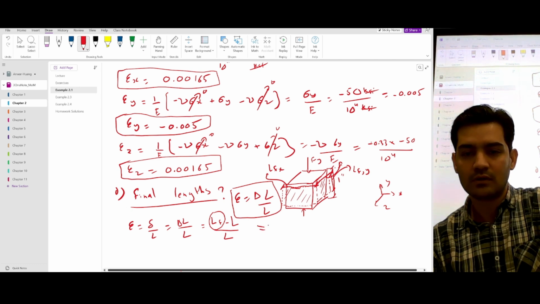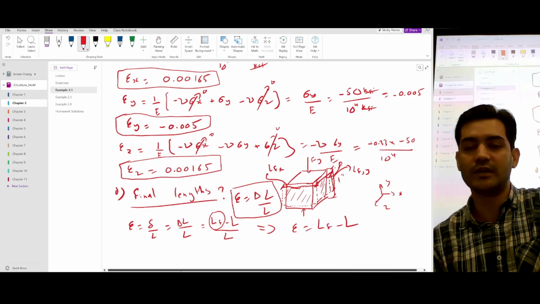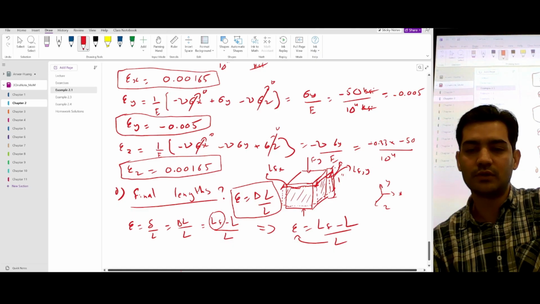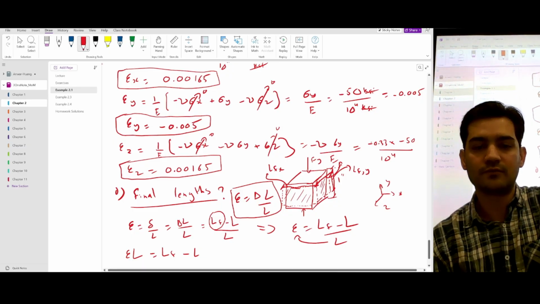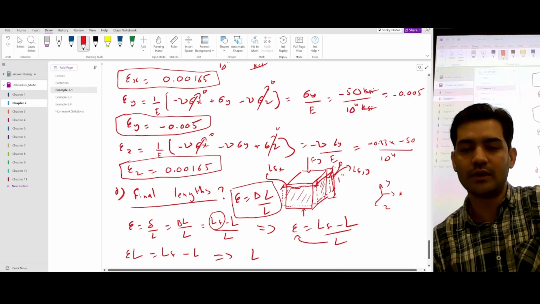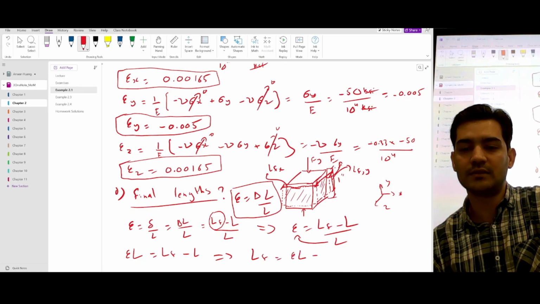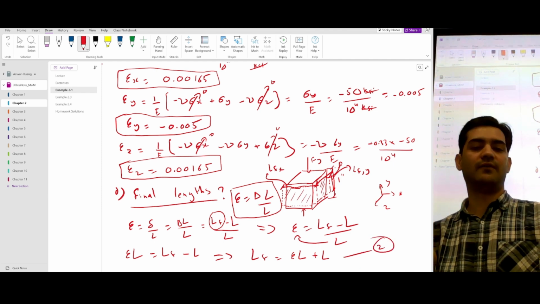So strain is equal to (LF minus L) divided by L. From here you can get the equation for final length, which is equal to strain times original length plus original length. If you use this equation, you can calculate final length.